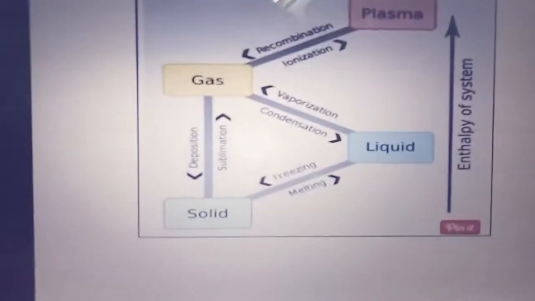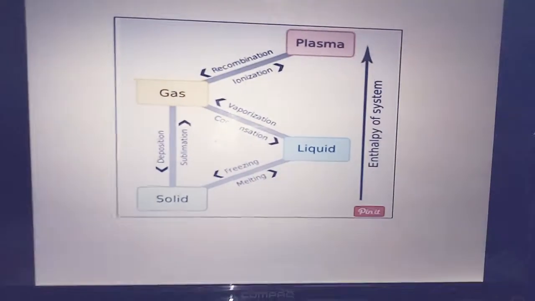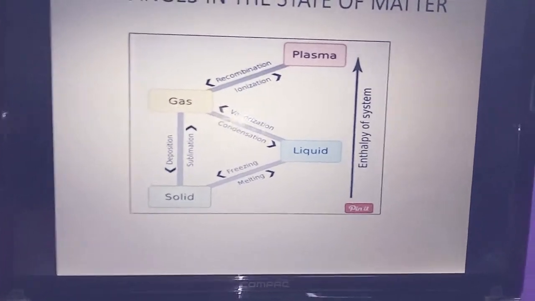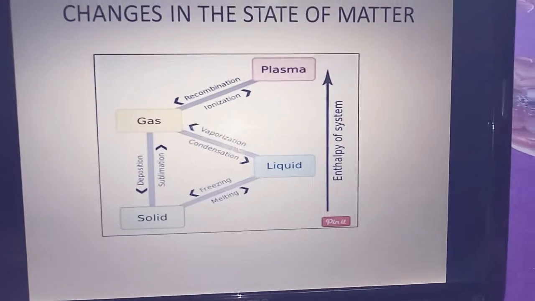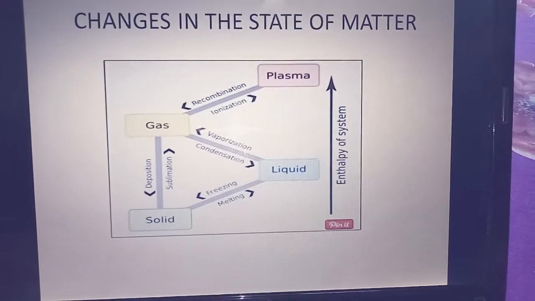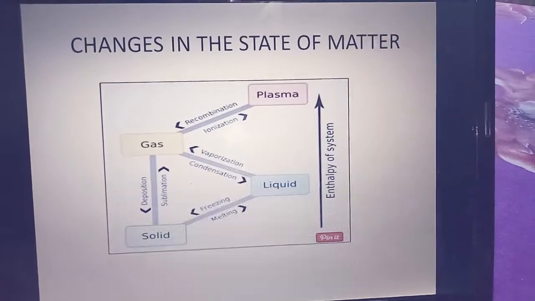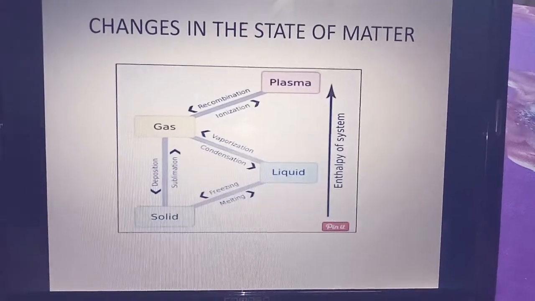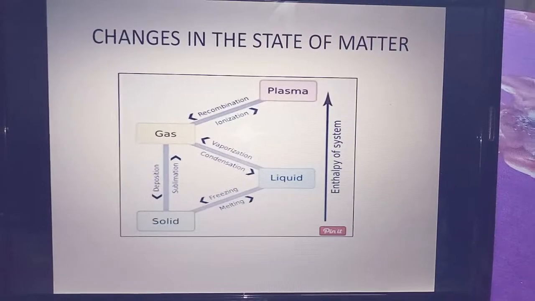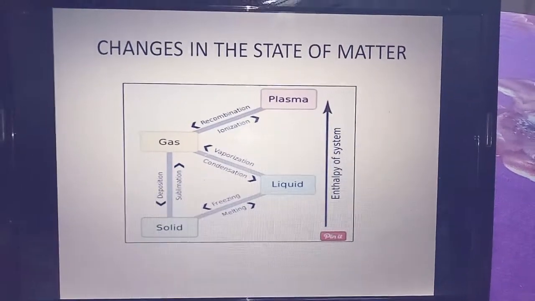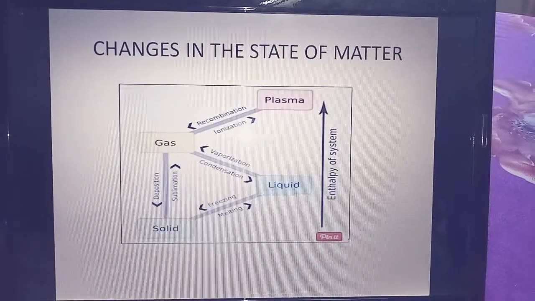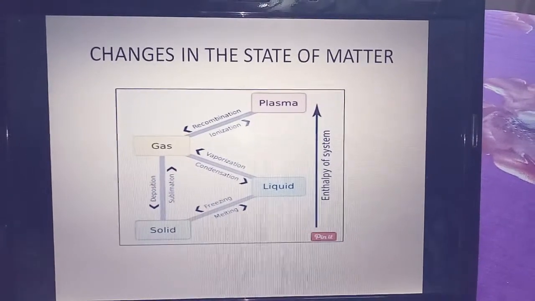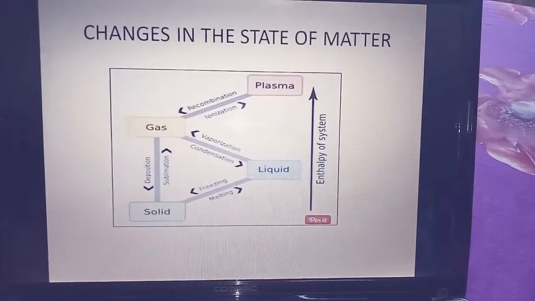For example, you can see in this slide, when the solid state is converted into the liquid state, this process is called melting. But when the liquid state is converted into the solid state, this process is called freezing. When the liquid state is converted into the gaseous state, this process is called vaporization.